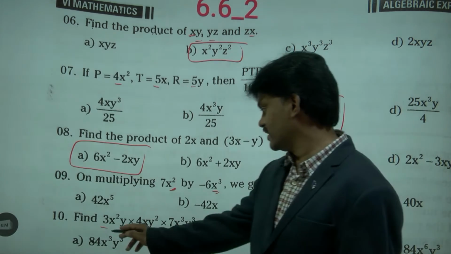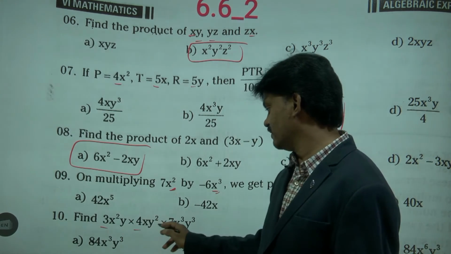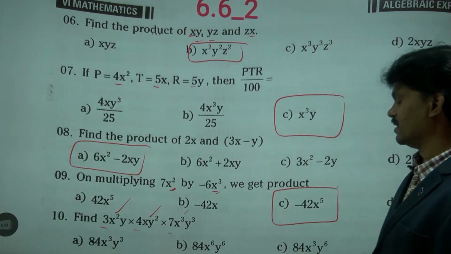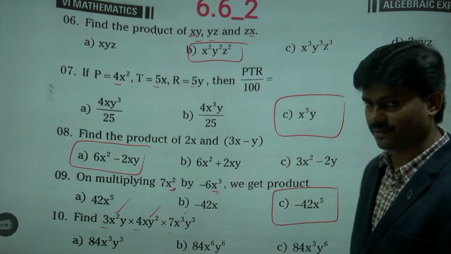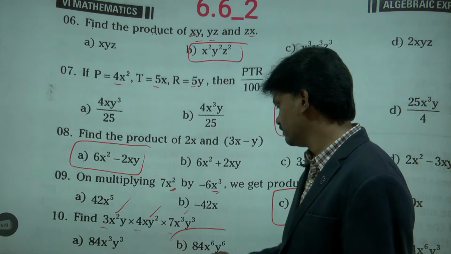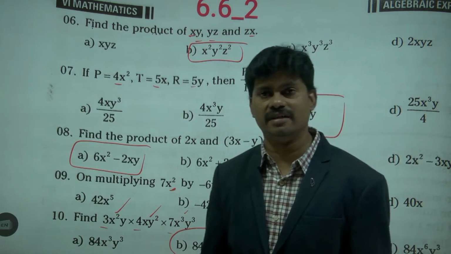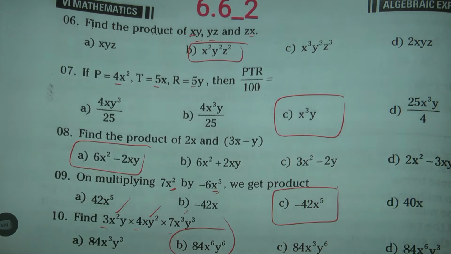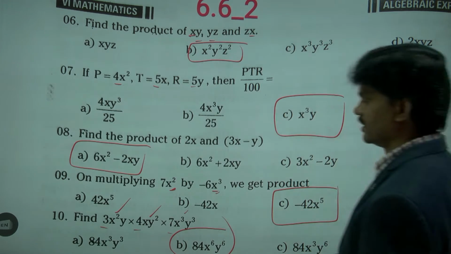And the x terms, x square times x power 3 is x power 5, and y square times y is y power 3. Obviously 84, x square and y square. Please check it once. Let's move to the next question.